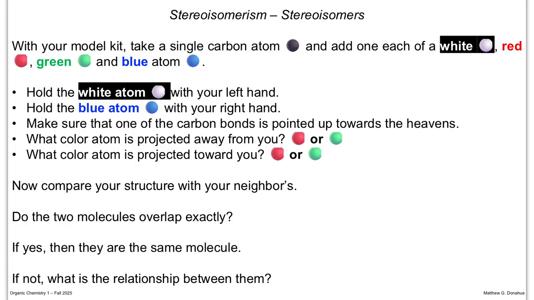The yellows are overlapping now in blue, but you'll see that these are now different. So the model kits will help you when you're looking at these things from different perspectives. And as you do more of that, you'll be able to do these flips and rotations and inversions in your mind.